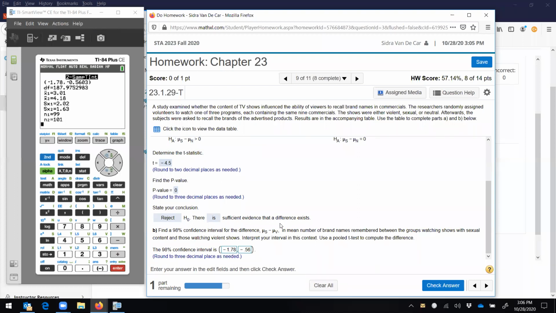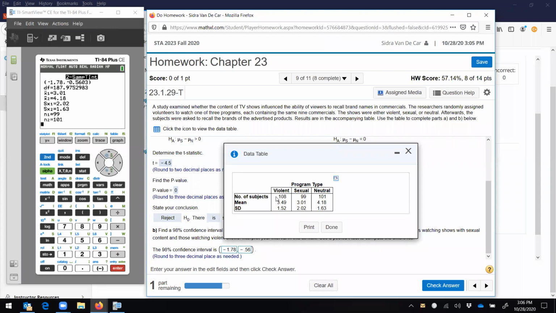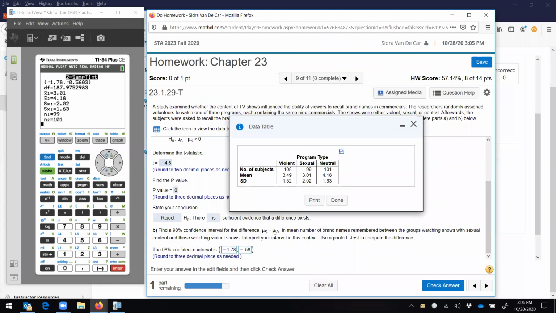All right, what did we do wrong here? Let's see. Let's see my data again. It was sexual. Oh, sexual versus violent. I didn't change. So the sexual is fine. Sexual. Violent is 3.49.